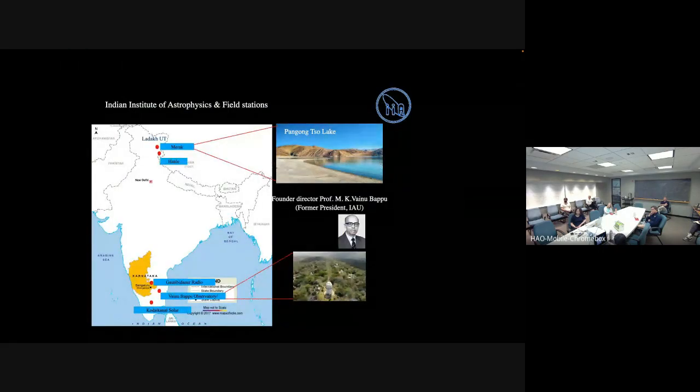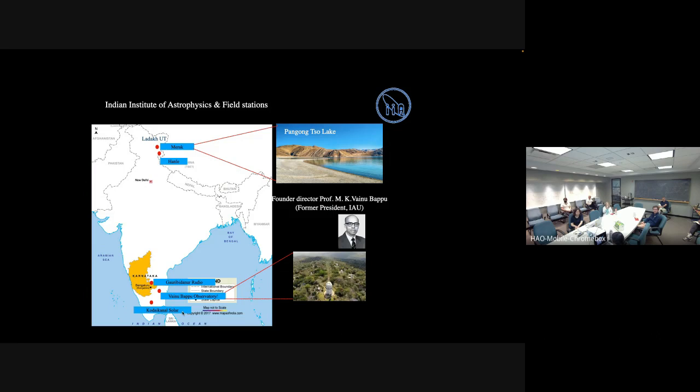So just before that, a little bit of geography, from where I come from. Our headquarters of IIA is at Bengaluru, and we basically operate several field stations, several optical and radio observatories from there. And the oldest one being the Kodaikanal Solar Observatory, which will complete 125 years next year.